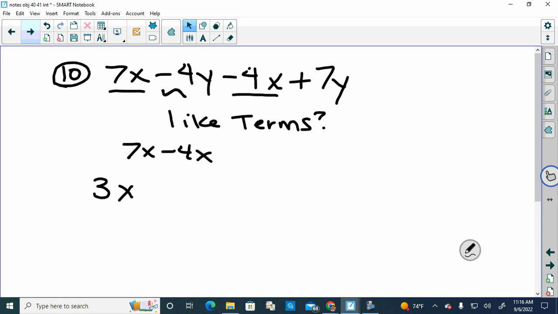Now I'm combining the y's. I have a negative 4y and a positive 7y. Find the difference, so we subtract, take the sign of the larger number, so that's going to be a positive 3y. They're written alphabetical, so x comes before the y.